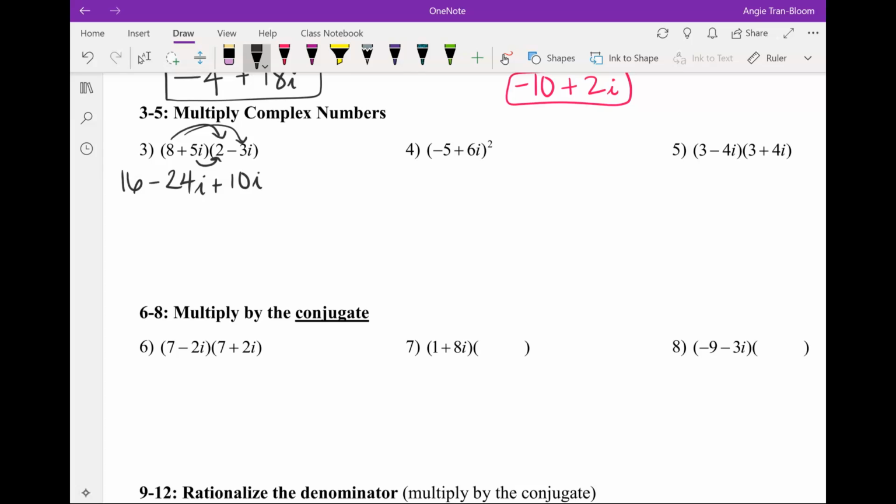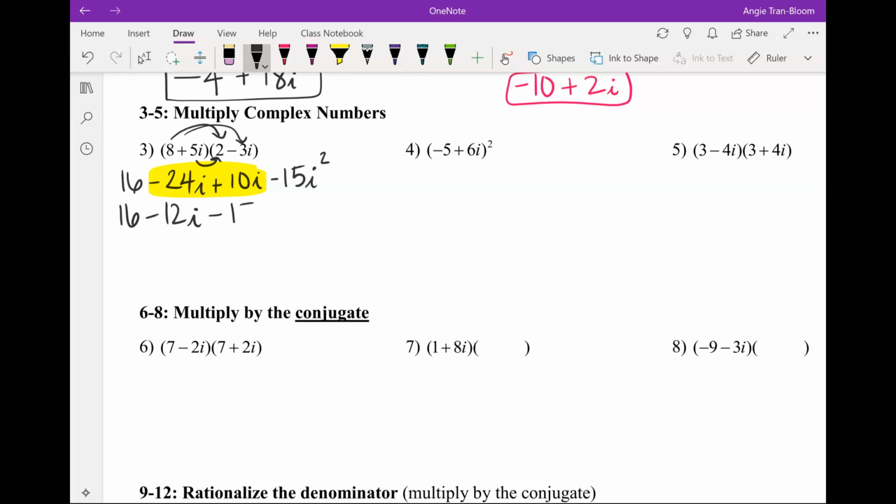Careful. Adam, 5i times negative 3i is. Adam, one more time. Negative 15i squared. Thank you. Very good. Can you guys see in the middle I can combine these two things? Okay. That will give us 16 minus 14i.